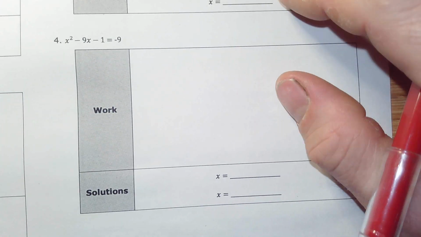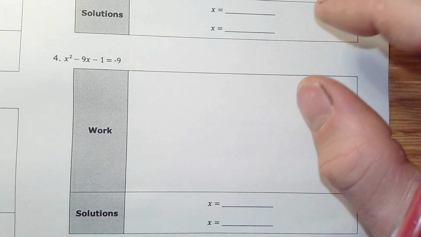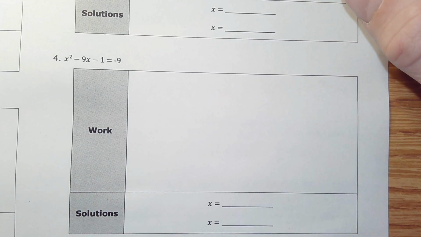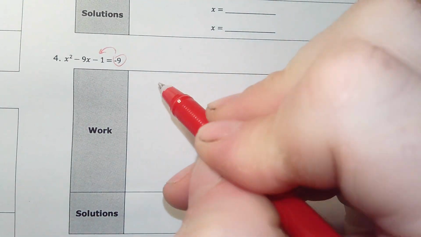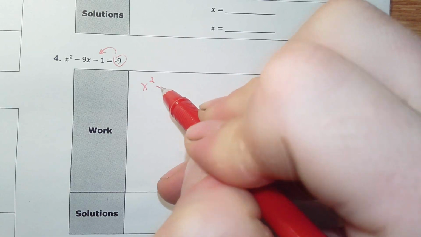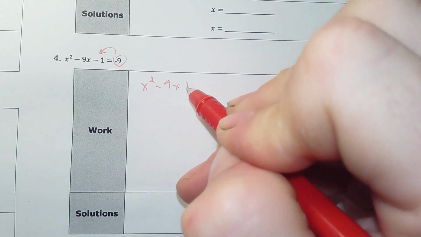Well, first I'm going to put this into standard form. Maybe this will work. So I'm going to move this over here. That's going to be x squared minus 9x plus 8.